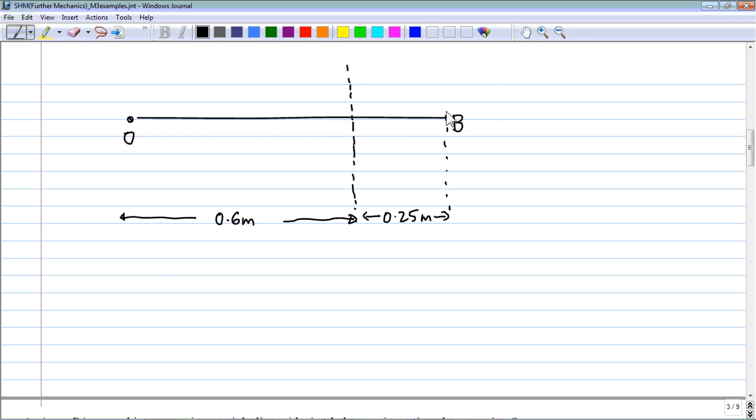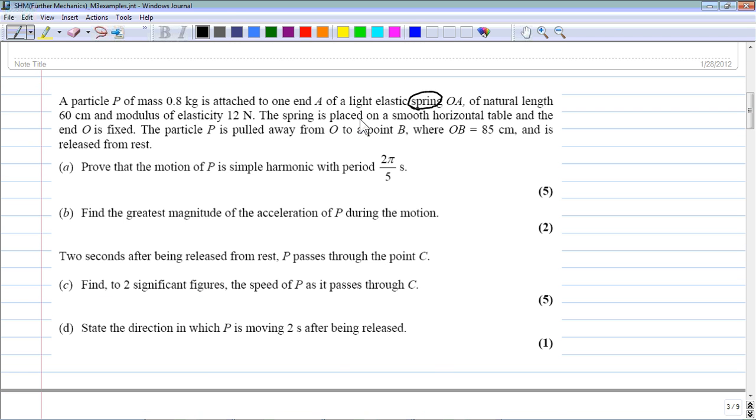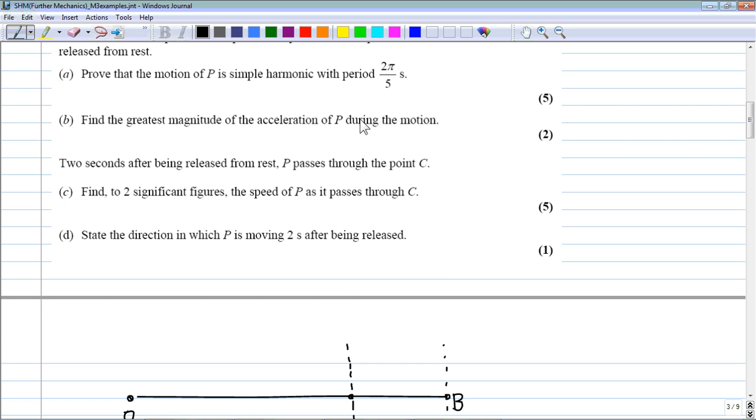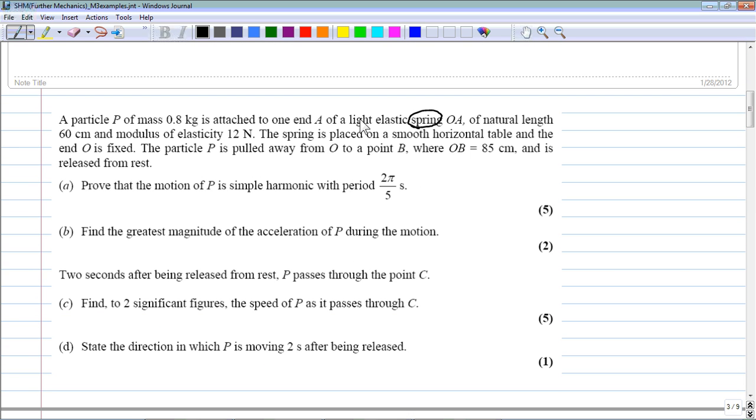Okay. Now we notice that the equilibrium position of the particle is here. I'll give this point a name. This can be called point A, maybe.